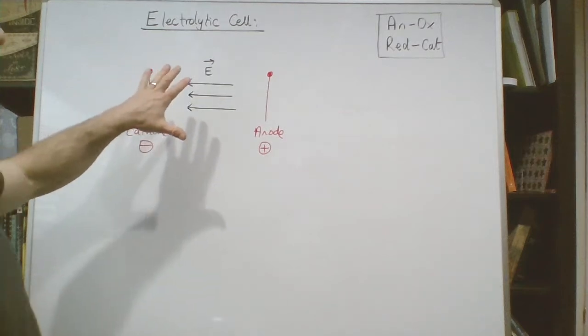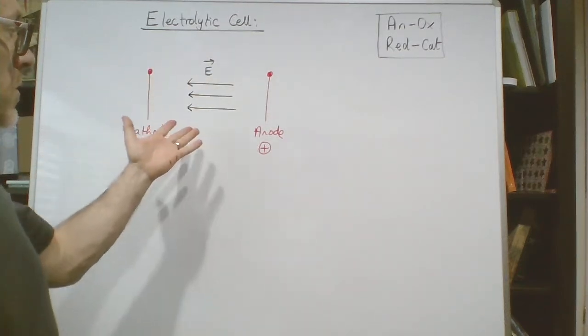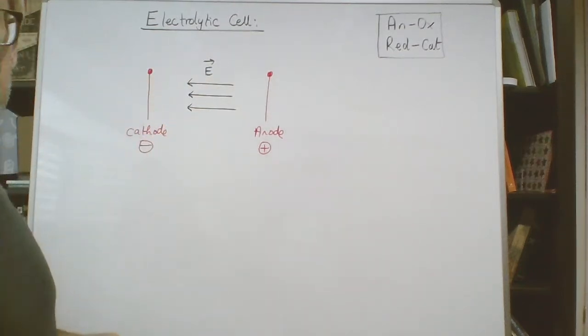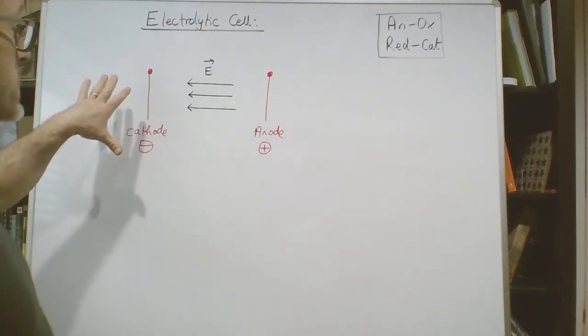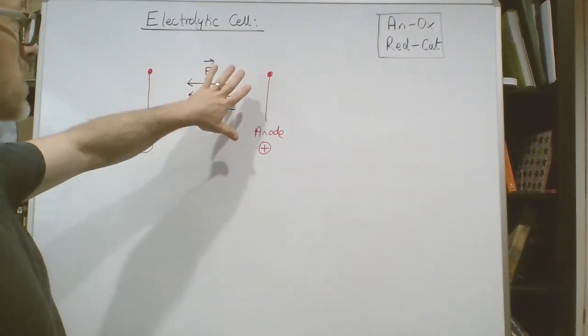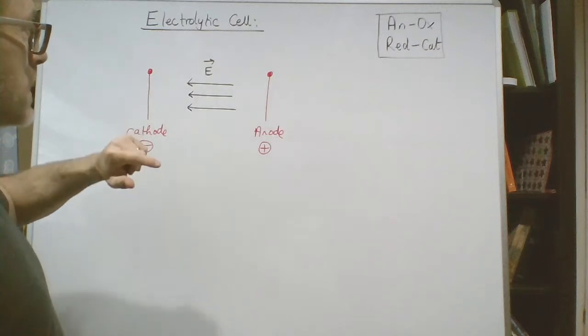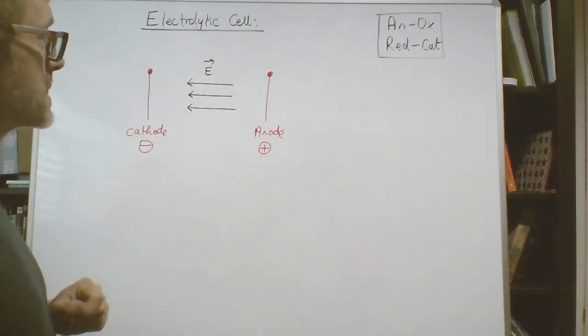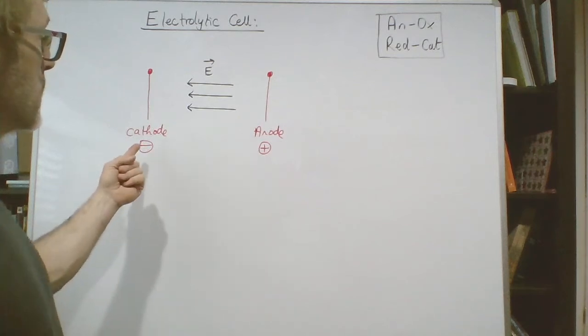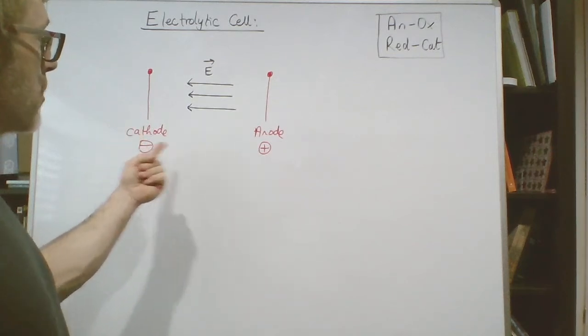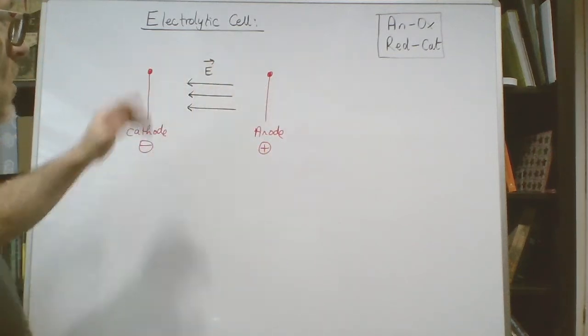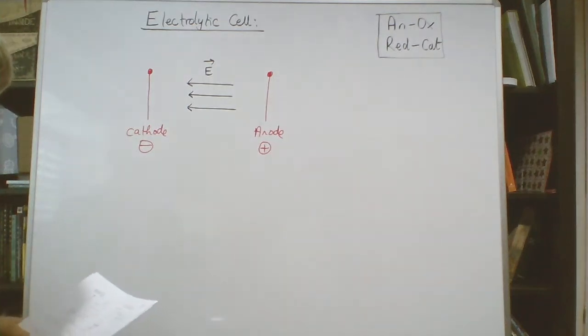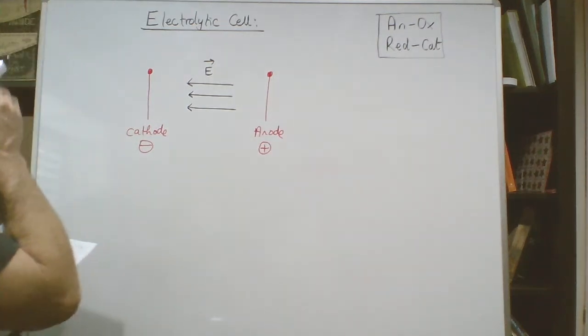Okay, so we've cleaned up the board a bit. We've represented our last expression where we've oversimplified and we have just a static electric field between two plates, or at least that's the oversimplified analogy. We have the negative cathode, the positive anode, so the field is going from positive to negative. Let's give some specific examples.